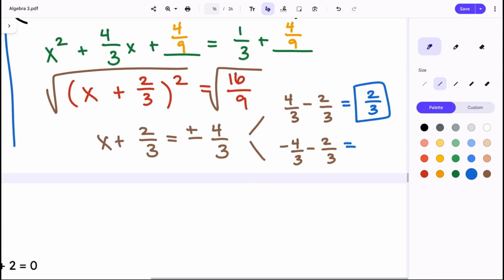Negative 6. Okay. Because it's negative 4 minus 2. The denominators are already like, so you're not going to do anything with the 3. But negative 4 minus 2 more is negative 6. But what is negative 6 divided by 3? Negative 2.